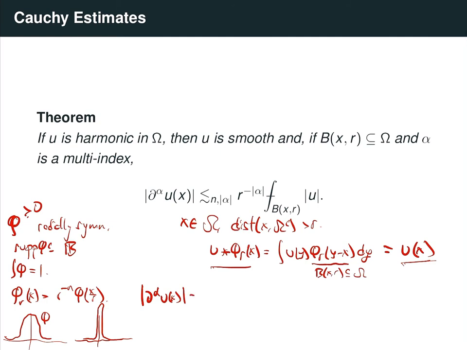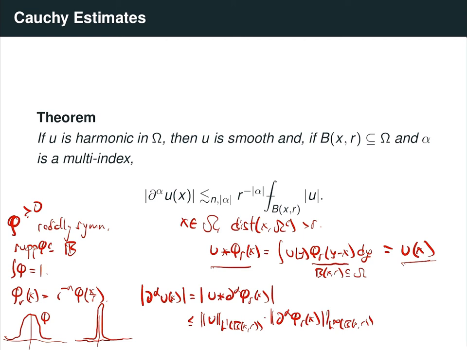And then I can just pass the derivative on to the smooth function phi_r. Now you can show that this is at most the L1 norm of u inside the ball centered at x of radius r times the L infinity norm of the alpha derivative of phi_r inside the ball centered at x of radius r.